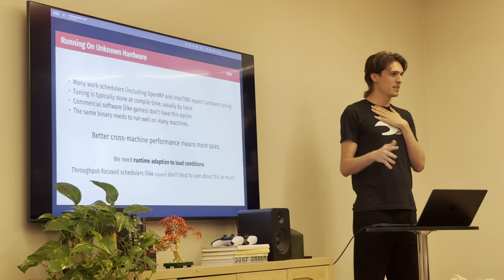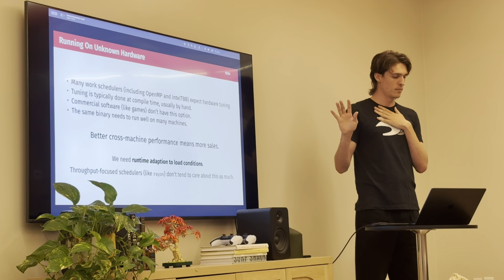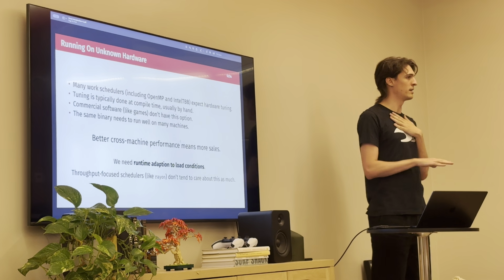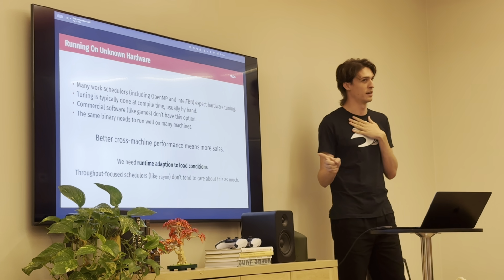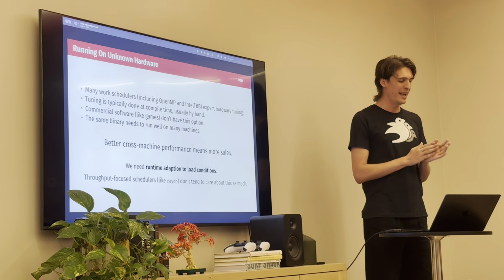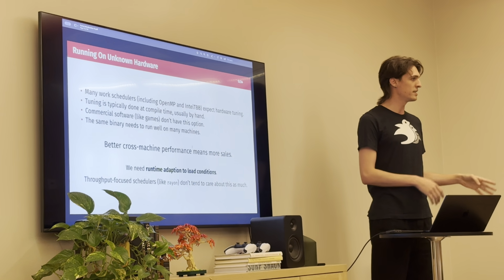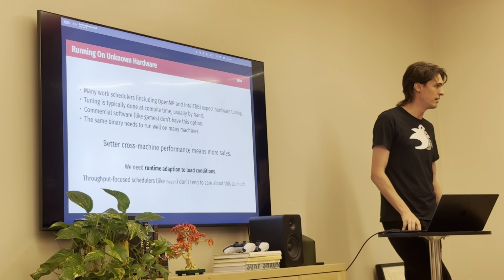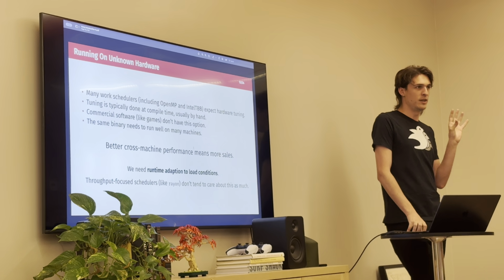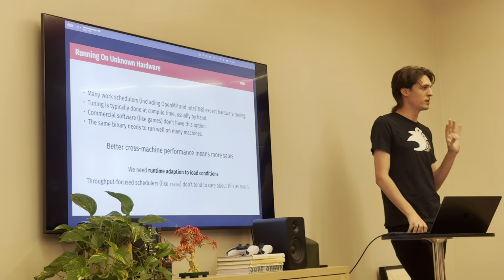Another aspect, which is a bit more subtle, is that with games and commercial software, you're selling software, and people are going to run it on their devices. So you don't know what it's running on. You're not running this in a data center or whatever. A lot of existing schedulers, especially the C++ ones, are built around the idea of tuning. You take your workload, and there was that question of how we know what goes into a task.